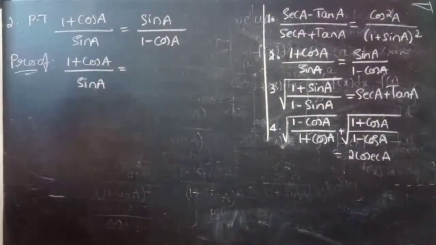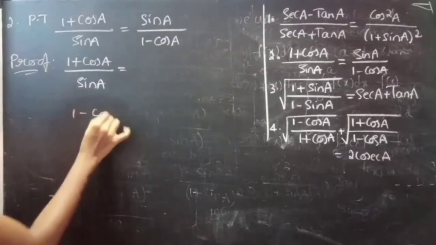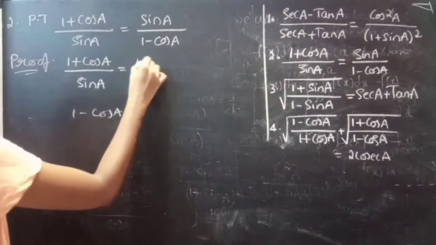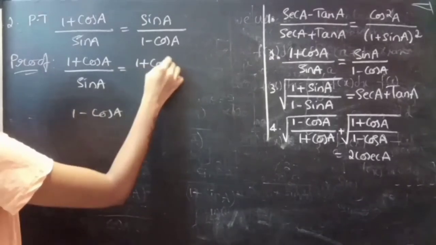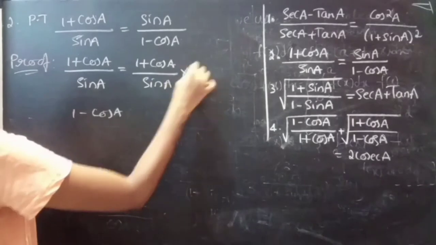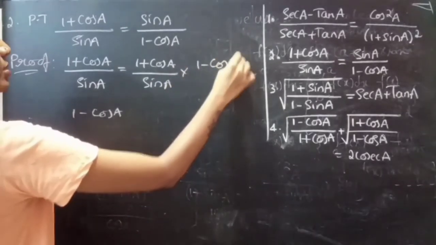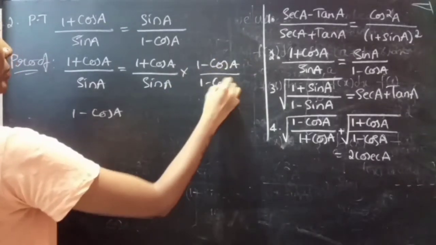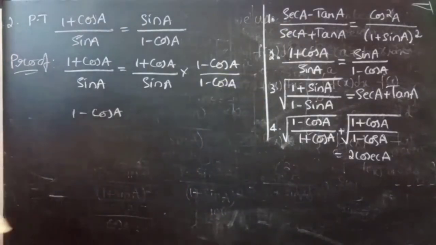So to rationalize the numerator, we'll multiply and divide with 1 minus cos A. So you'll get (1 plus cos A) by sine A into (1 minus cos A) by (1 minus cos A).